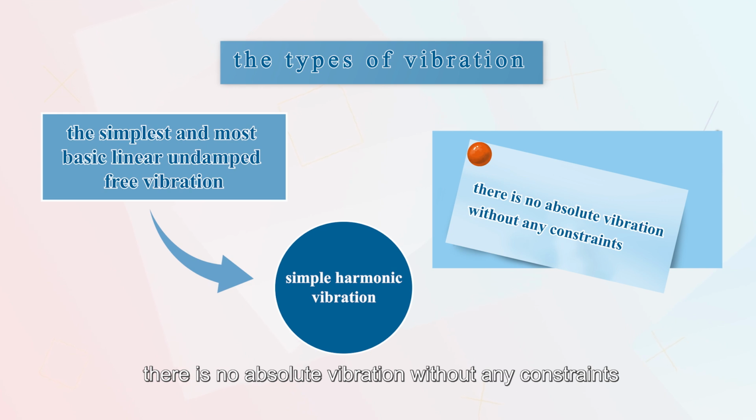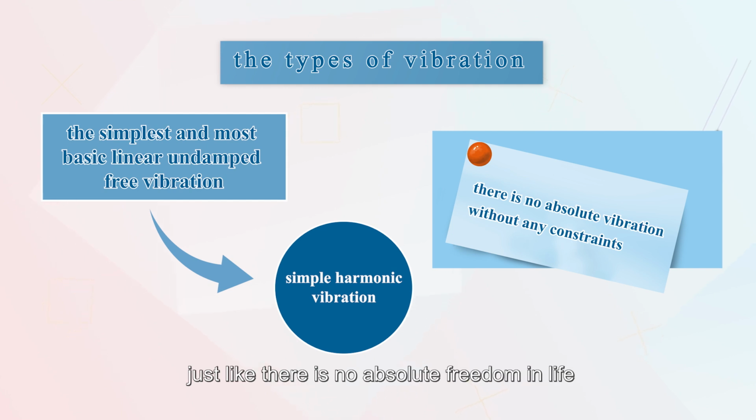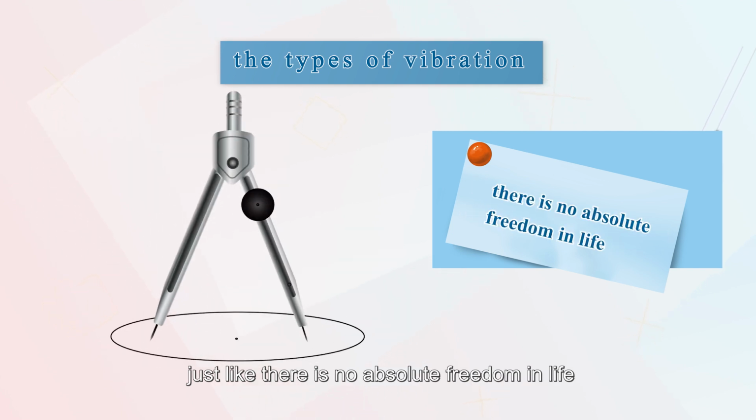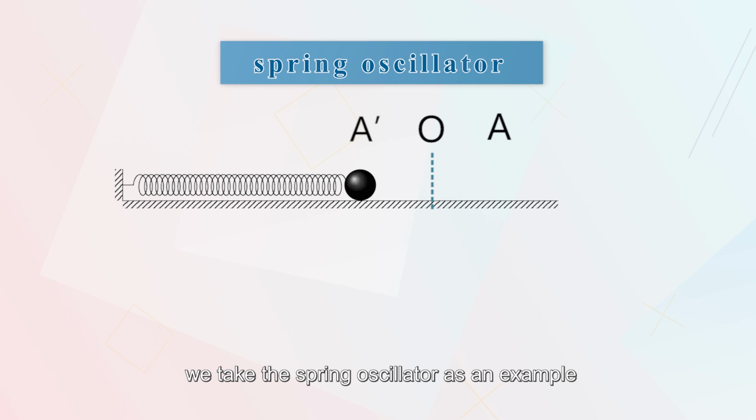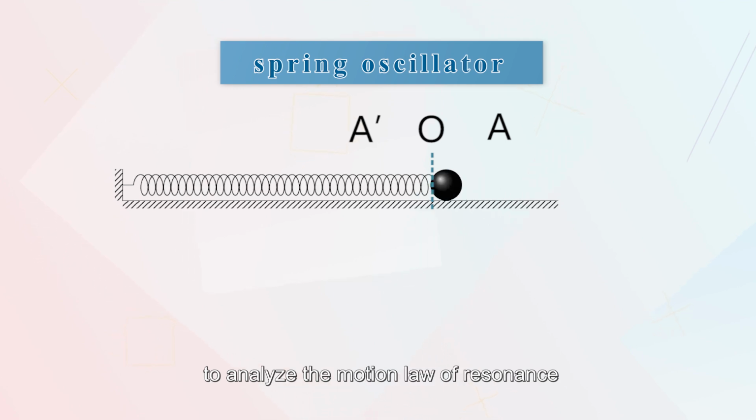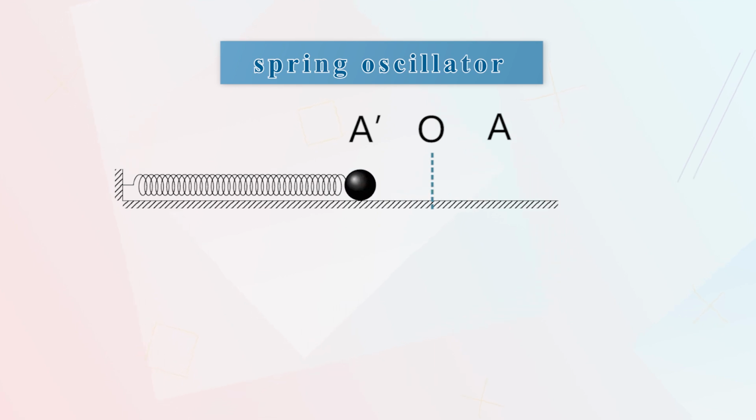Obviously, there is no absolute vibration without any constraints, just like there is no absolute freedom in life. Next, we take the spring oscillator as an example to analyze the motion law of harmonic vibration.